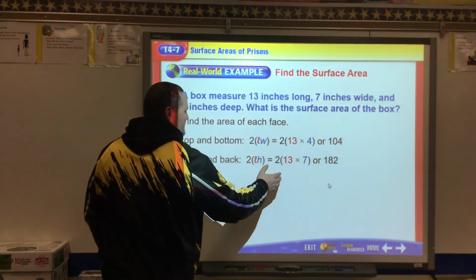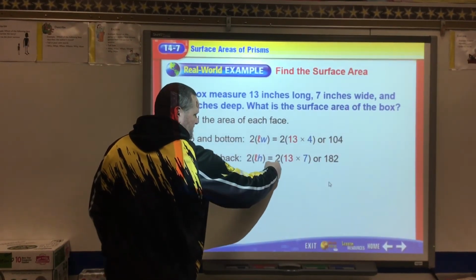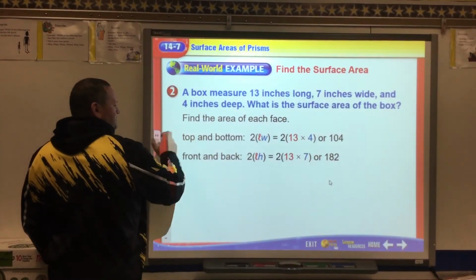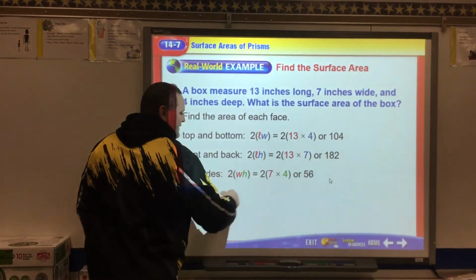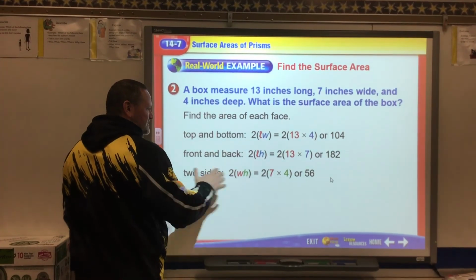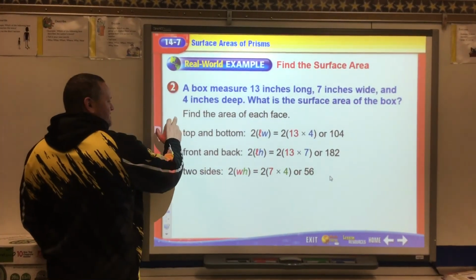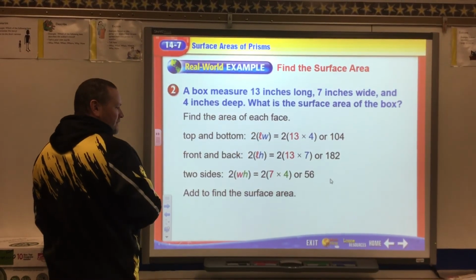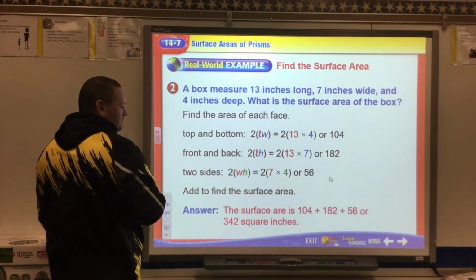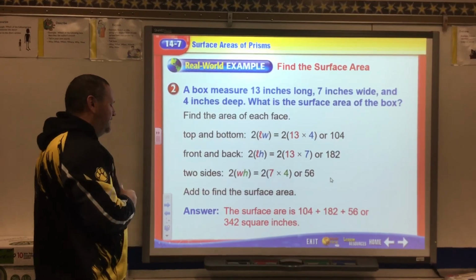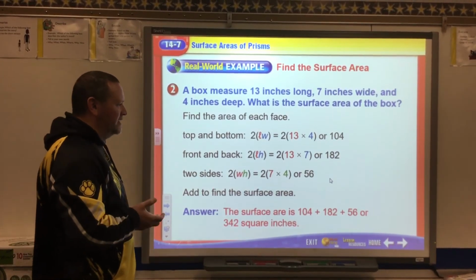Then you had the 13 by 7. Double it, because it's multiplied by 2, 182. A 7 by 4 would have been the two sides. Double it, and you get 56. Add all of those up, and you end up with surface area of 342 square inches.